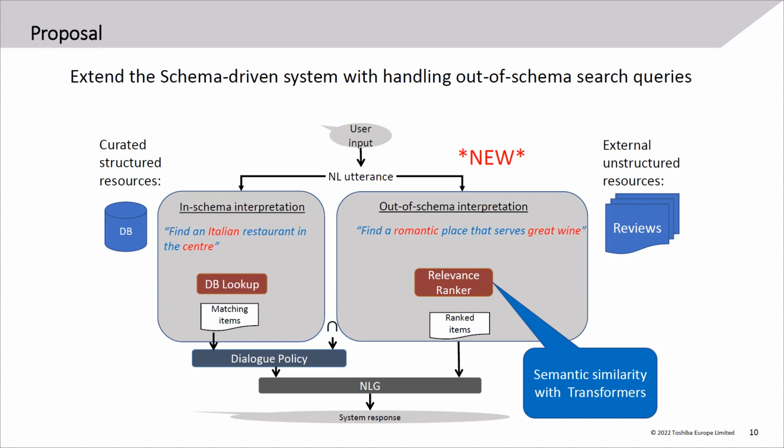So we use a relevance ranker, where we apply semantic similarity in order to rank the restaurants according to the user's query, and the ranked items are then intersected with the matching items in the database lookup, providing the resulting set of items.